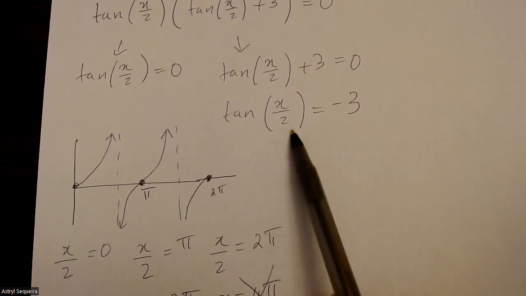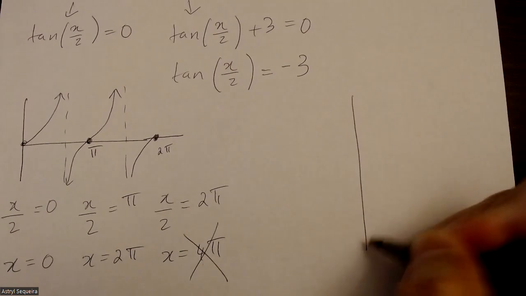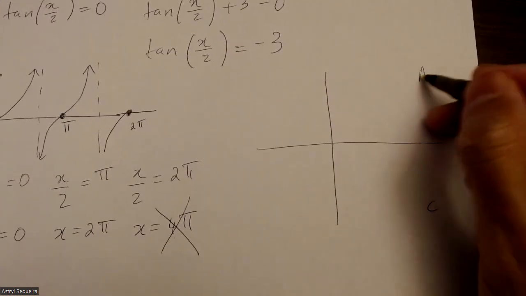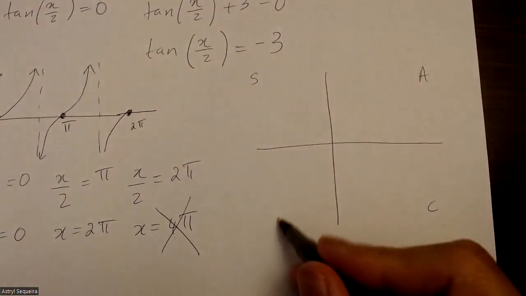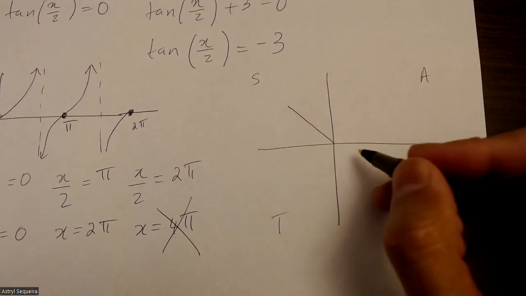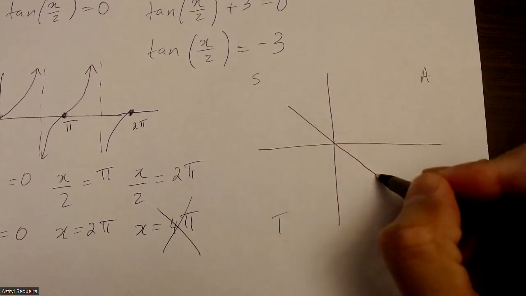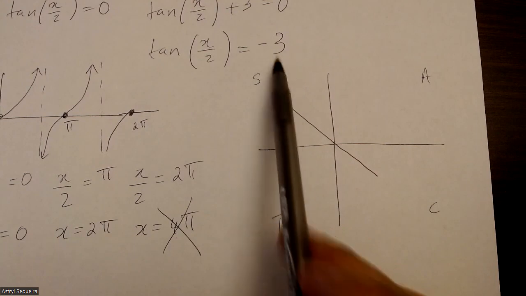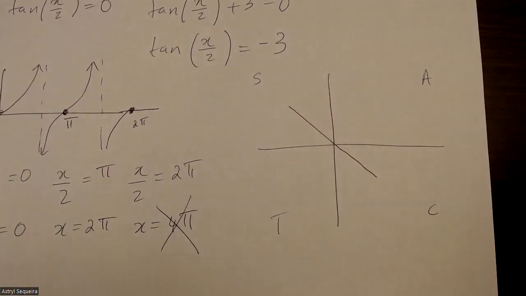Now for the second factor here, I'm going to use my CAST rule. So tan is negative in these two quadrants. I'm going to do the tan inverse of positive 3 to find my acute angle.